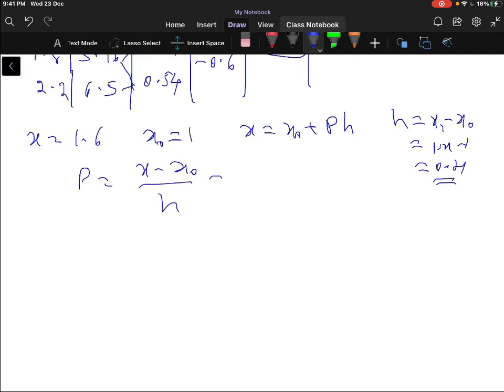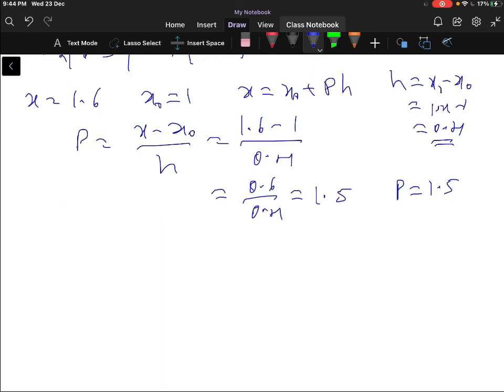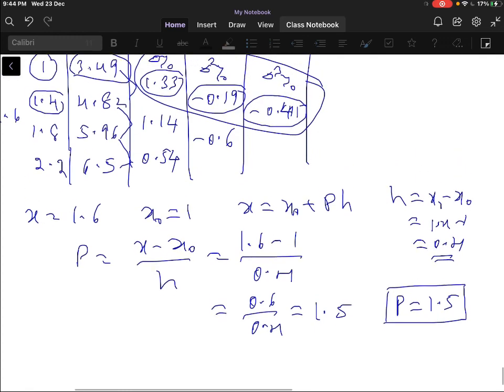So therefore p is equal to x minus x naught by h. x is 1.6 minus x naught is 1, by 0.4. So this is equal to 0.6 by 0.4, which is 1.5. Therefore p is equal to 1.5.